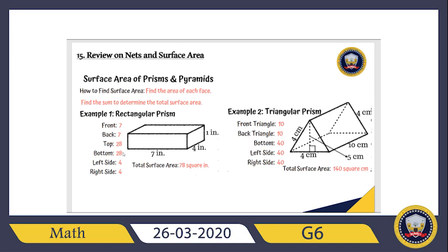Now these are all what? Areas for all the faces of my prism. Now the total surface area is just by adding all of these. After you add these numbers, your answer is 78. What is the unit? Be careful. Square inches.